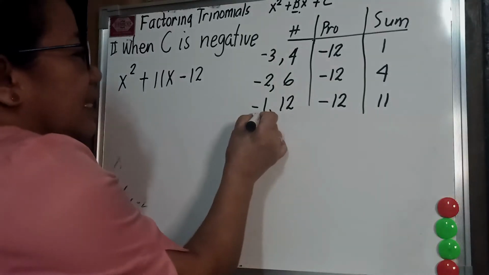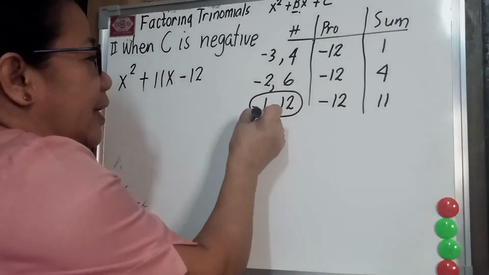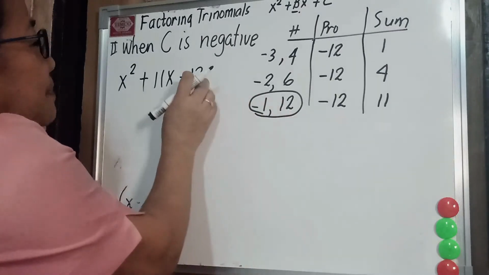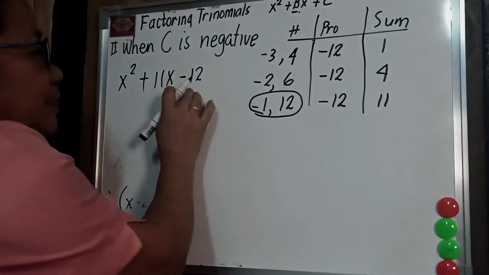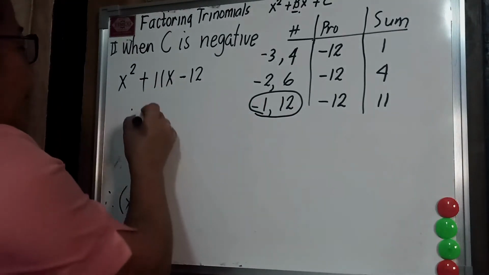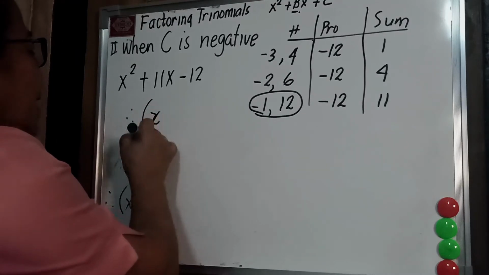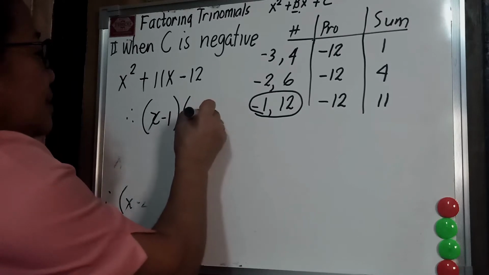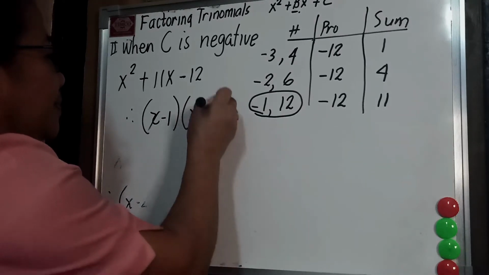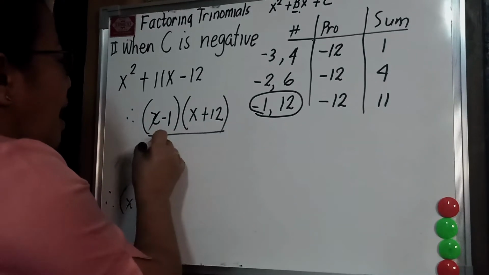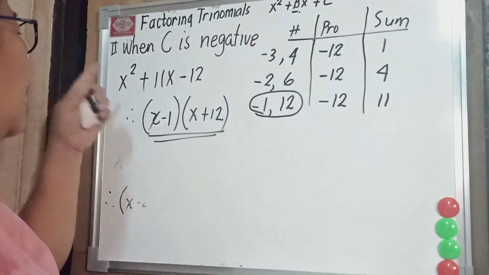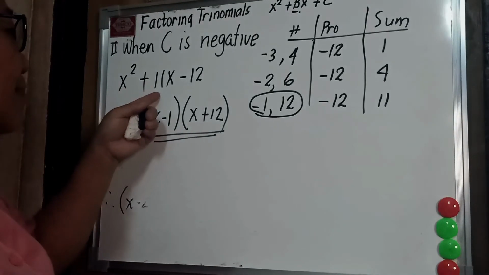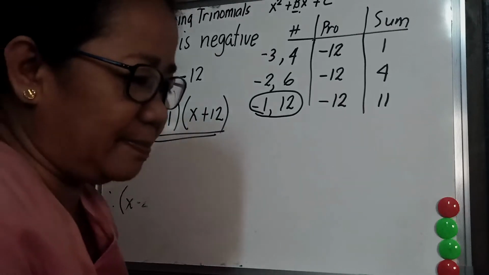So, this pair of numbers satisfies this condition. So, therefore, we now have the quantity x minus 1 and the quantity x plus 12. So, these are the factors of x squared plus 11x minus 12.